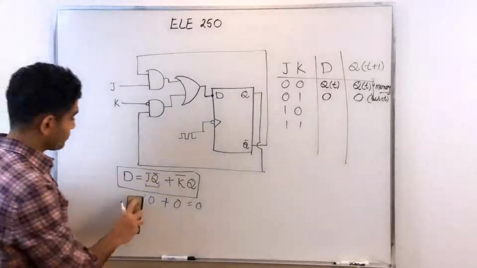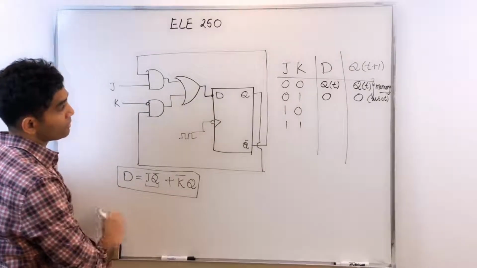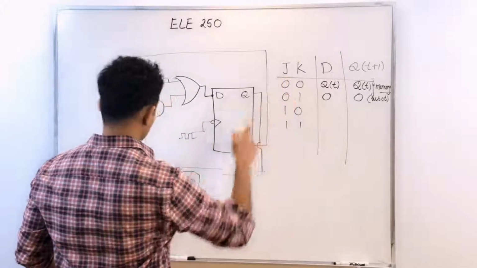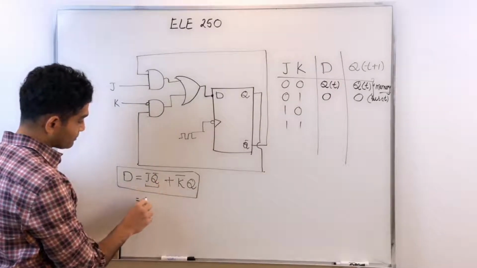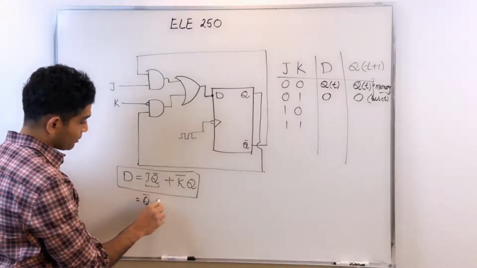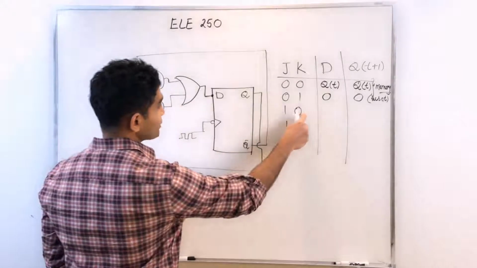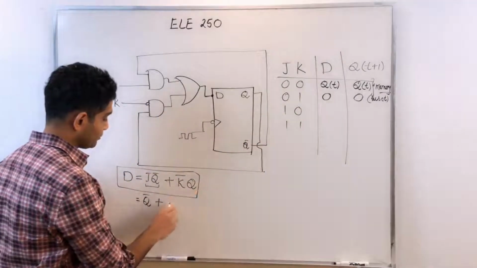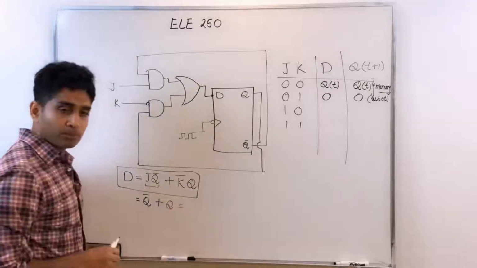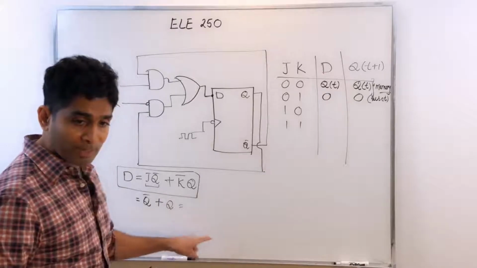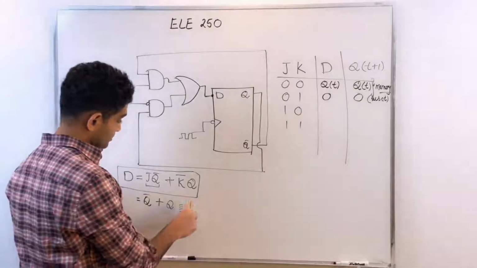Now, what about the third row? If J is 1, that's 1 times Q prime, that's Q prime. And my K is 0, K prime is 1, so that's 1 times Q, that's Q. Again, going back to your Boolean identities, we see that Q plus Q prime is nothing but 1.